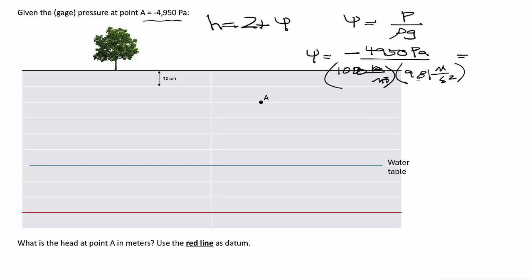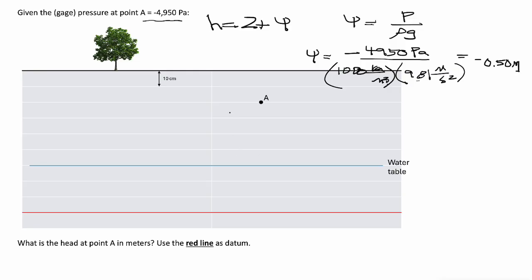Let me check and see what I get here for this problem. We get negative 0.50 meters.